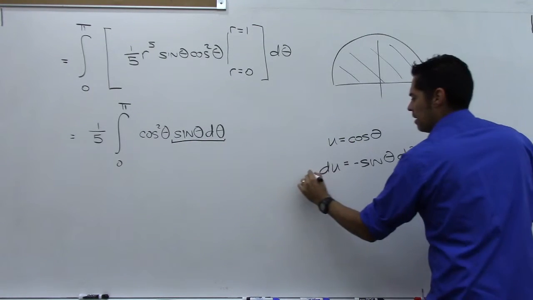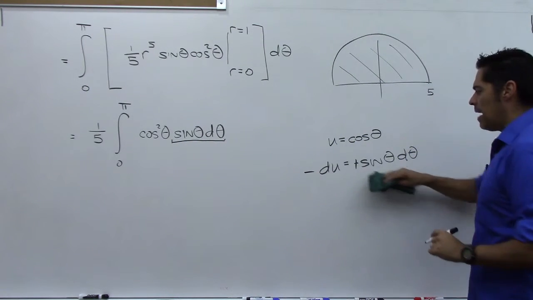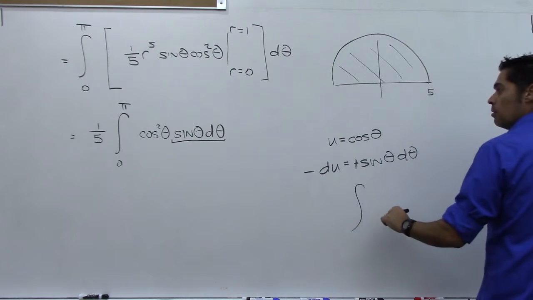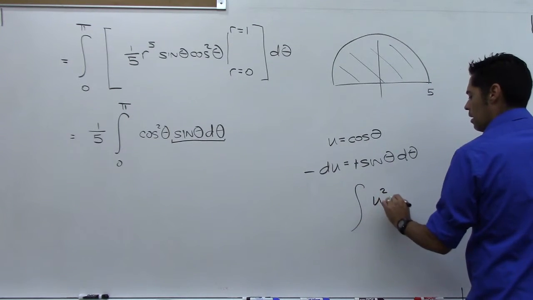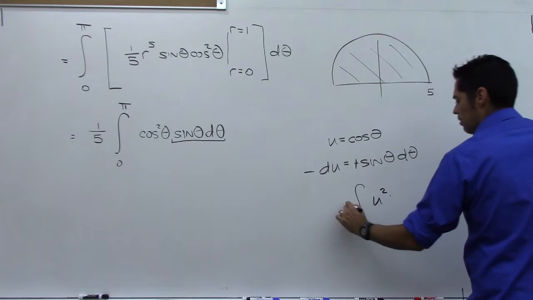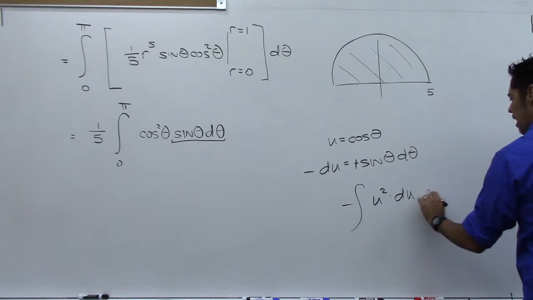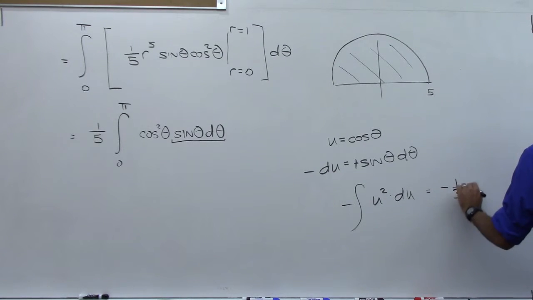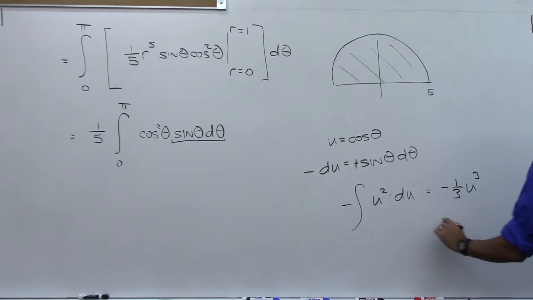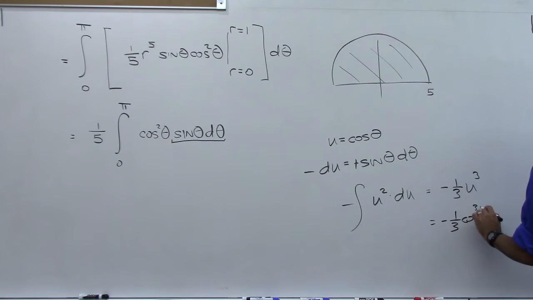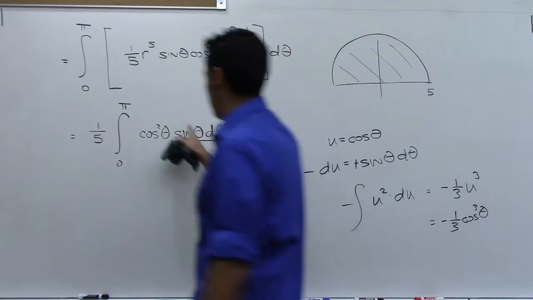So I'm just going to make this a negative, make that a positive. So now they match up. So that integral is going to become the integral of u squared times negative du, and the antiderivative of that is negative 1/3 u cubed, which is negative 1/3 cosine cubed theta. So that's what I know the antiderivative of this is.